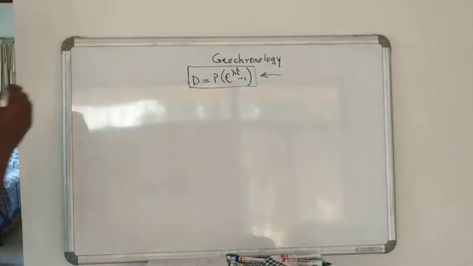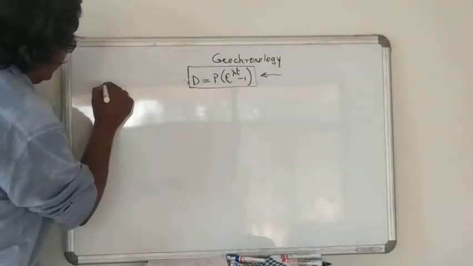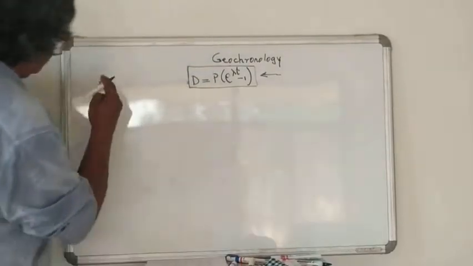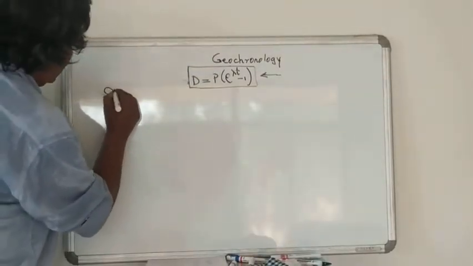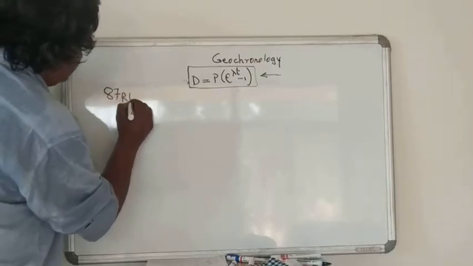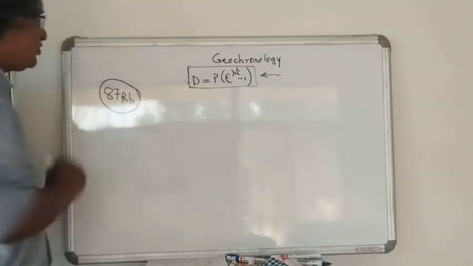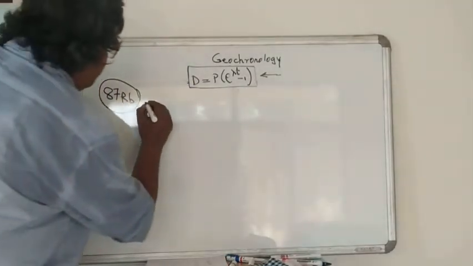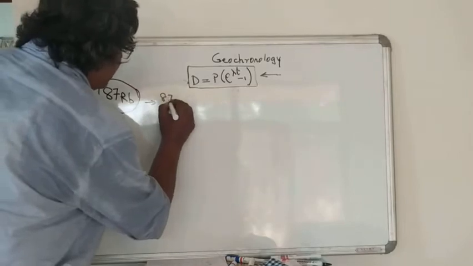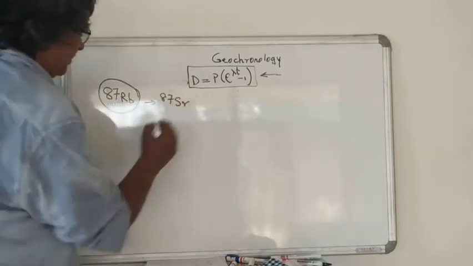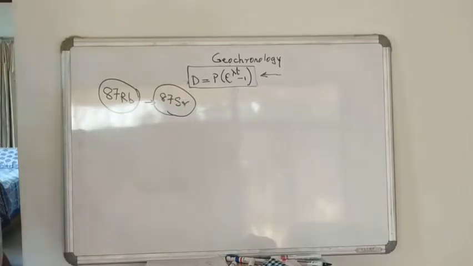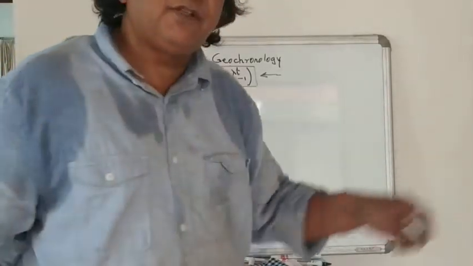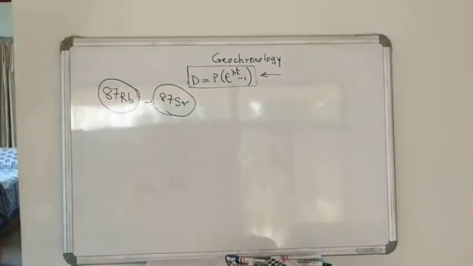Now, 87 rubidium is an important isotope of rubidium, and this on beta decay breaks down to 87 strontium. This equation is a beta decay equation. For understanding much of the equation, I leave it to you. You have to read.